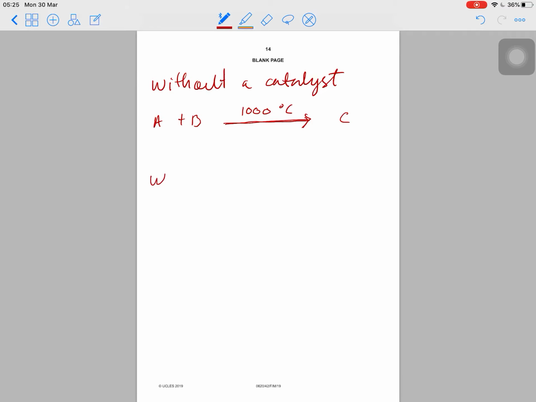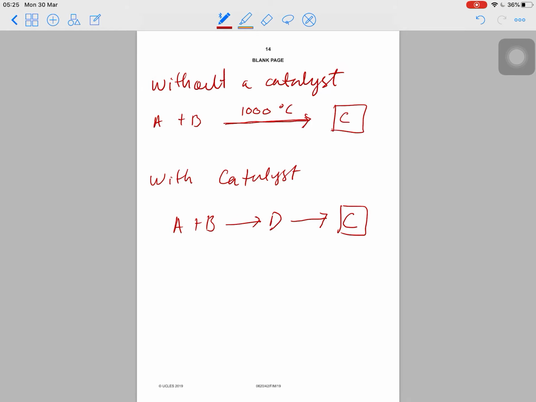But for something with a catalyst, A plus B will first turn into D, and then the D will later become C. All right? So you see, they ended up having the same product, but their way is different.